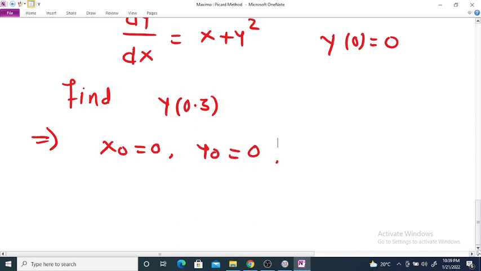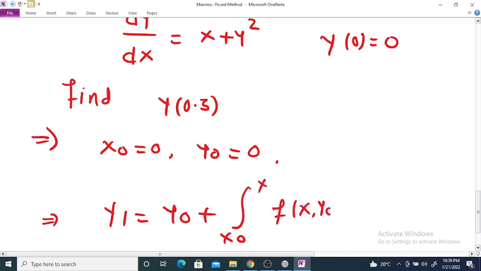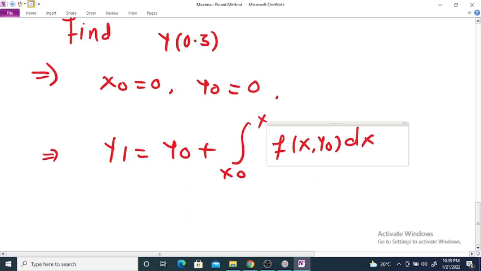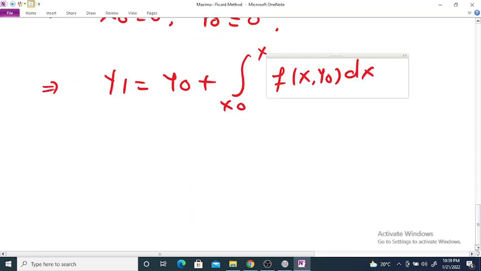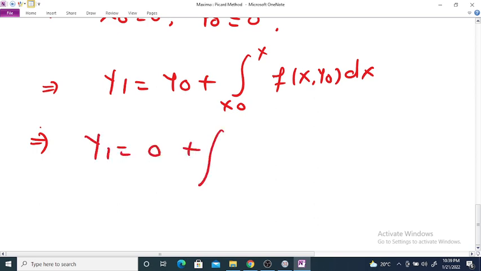The first iteration y1 is equal to y0 plus the integral x0 to x f of x y0 dx, which is y0 equal to 0 plus the integral 0 to x f of x0 dx.